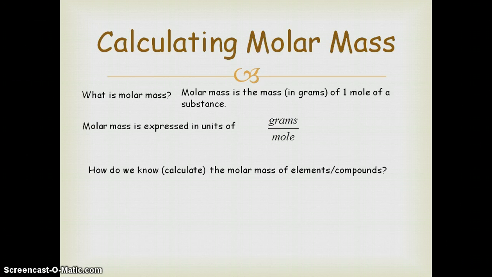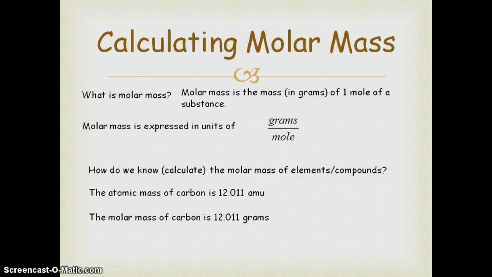Well, as you recall, the information that we are given from the periodic table is the mass of an atom of carbon. The cool thing about the way they calculated Avogadro's number, a mole, is that we don't have to do the math, and so atomic mass units are the same as grams of molar mass.